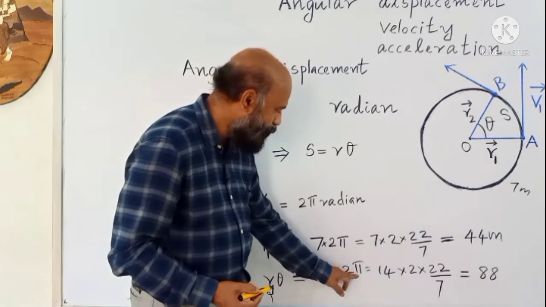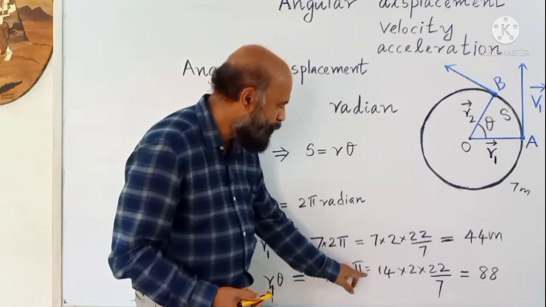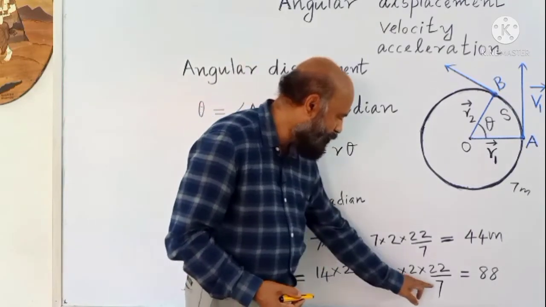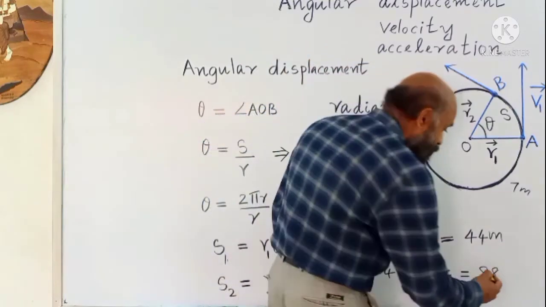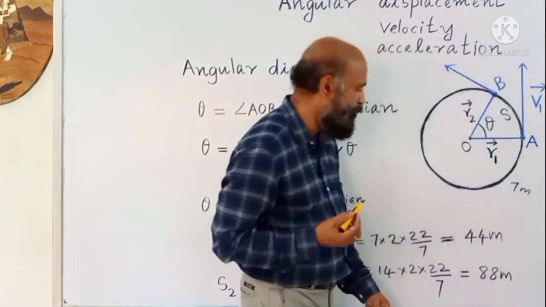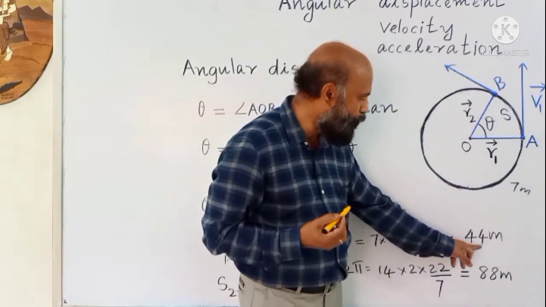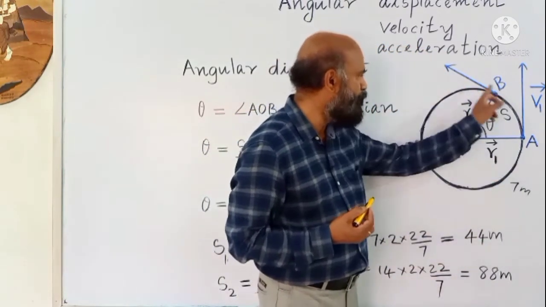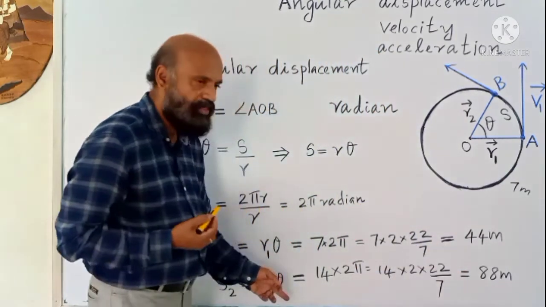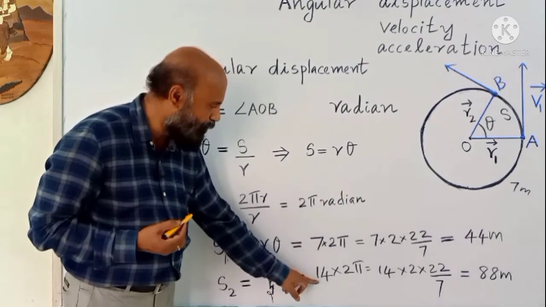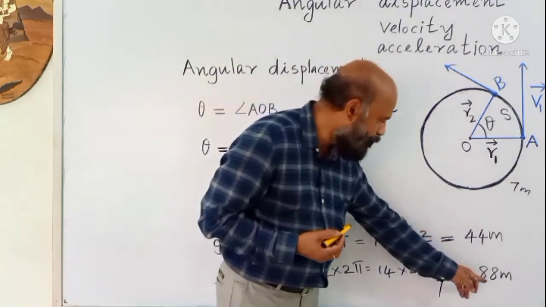Now you substitute for this pi. So now 14 and 7 will get cancelled. So 2 into 2, 4 into 22, 88 meter. See, now its linear displacement is different. The first boy is completing 44 meter when he is running. The second boy is running in a circular path with radius 14. So he is completing 88 meters.